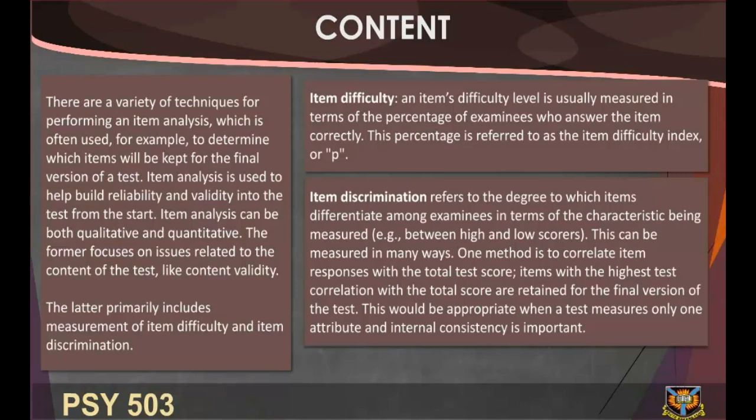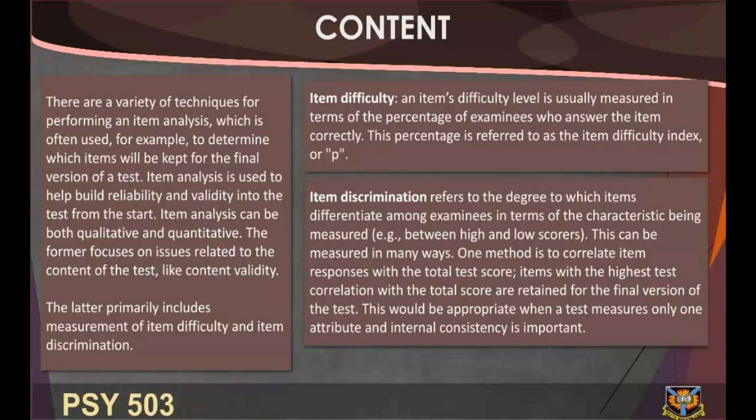Item difficulty. An item's difficulty level is usually measured in terms of the percentage of examinees who answer the item correctly. This percentage is referred to as the Item Difficulty Index, or P. Item discrimination refers to the degree to which items differentiate among examinees in terms of the characteristic being measured, e.g., between high and low scorers.